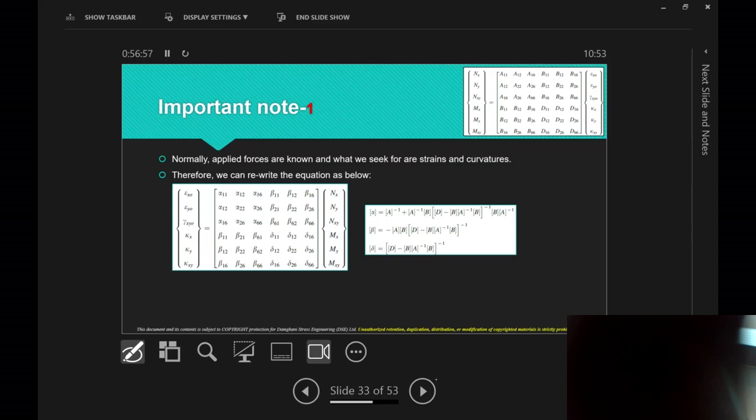This is what you use. Essentially, they're the same, interchangeable. I mean, you invert that ABD matrix, bring it to the other side, it becomes this. Depending on your problem and the knowns and unknowns in the problem. But this is mostly the case, because once you find the strains, you can find strains in each ply, and then decide when the entire laminate fails. We'll see later. Okay.